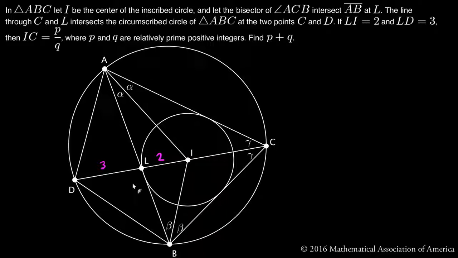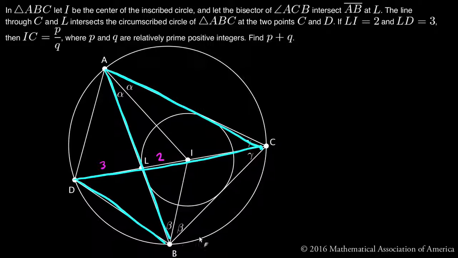The first thing to notice is we actually have some isosceles triangles, and here's why. This angle here and this angle here subtend the same arc, this minor arc CB, and they're both inscribed angles, which means that if this is 2 alpha here, then this is 2 alpha there. So let me put that in.